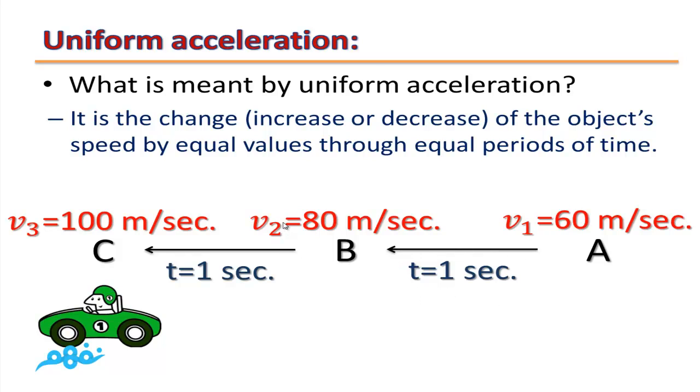Also, during the second interval, the change in speed is also 20 meters per second, and this change also occurred in 1 second. So this car is moving with uniform acceleration because the object's speed changes by equal values through equal periods of time. In our case, 20 meters per second each 1 second.